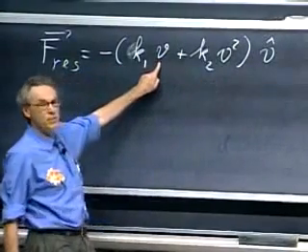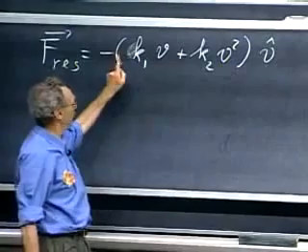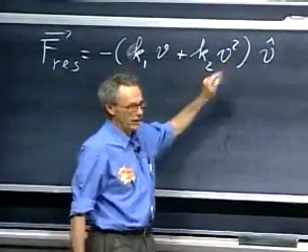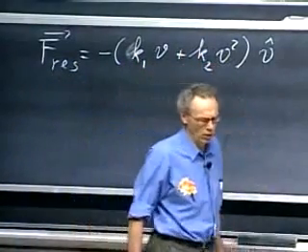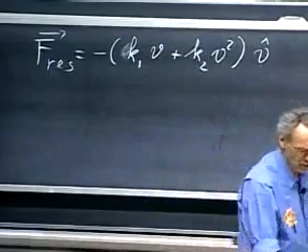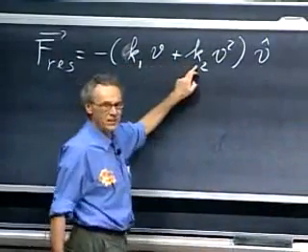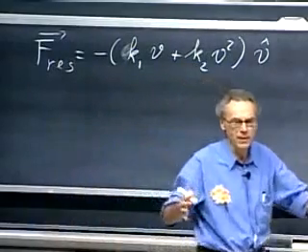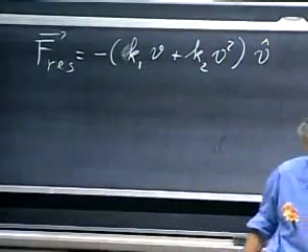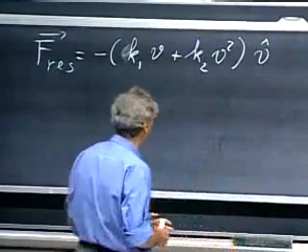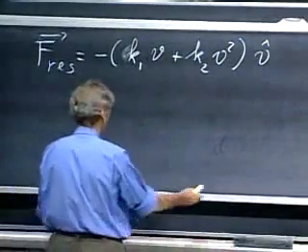This v here is a speed. So all these signs, K1, v, and K2, and obviously v squared, they all are positive values. And the K values depend on the shape and the size of the object and on the kind of medium that I have. Today I will restrict myself exclusively to spheres.